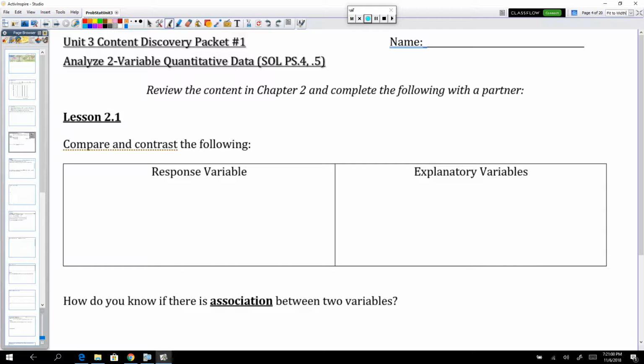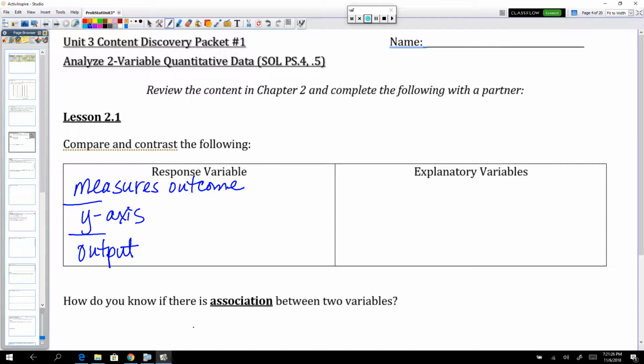So the main difference here is that a response variable, as you can probably infer, is one that measures outcome. Okay. It's typically on the y-axis, or almost always on the y-axis, and it measures output.